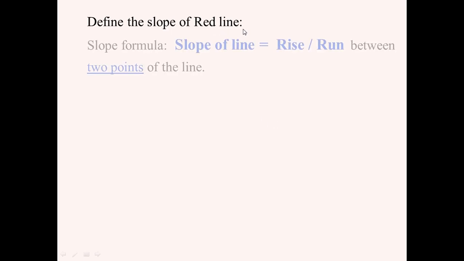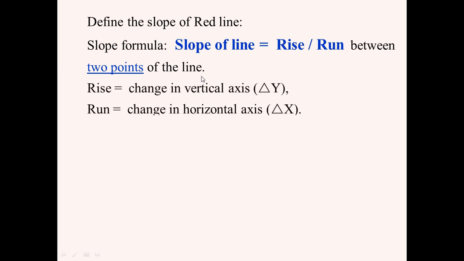Define the slope. The slope formula: the slope of a line equals the rise divided by the run between 2 points. Yes, because the formula requires me to have 2 points, based on the graph I put point A and point B. Rise means the change in the vertical axis, the change in the values of the y-axis between the 2 points.